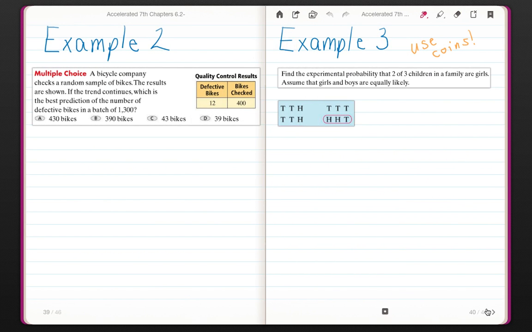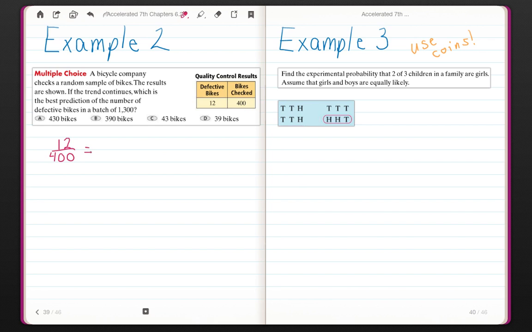Example 2. A bicycle company checks a random sample of bikes. The results are shown. Here I see that they checked 400 bikes. 12 of those bikes were defective. If the trend continues, which is the best prediction of the number of defective bikes in a batch of 1,300 bikes? We're going to use proportions to figure out the probability. I know that 12 out of 400 were defective.